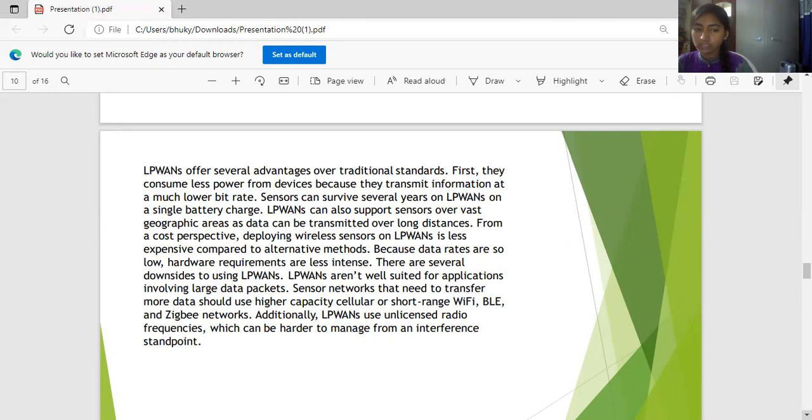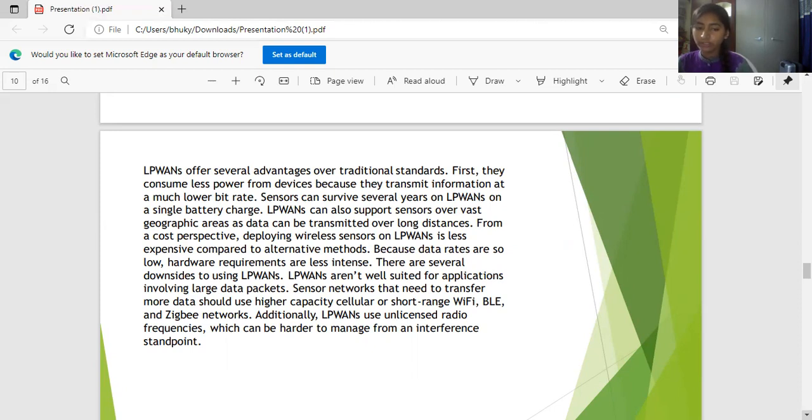There are several downsides to using LPWANs. LPWANs aren't well suited for applications involving large data packets. Sensor networks that need to transfer more data should use higher capacity cellular or short range Wi-Fi, BLE, and Zigbee networks.